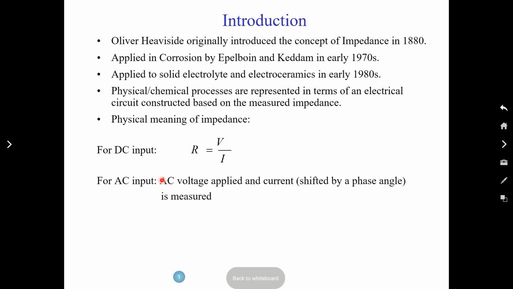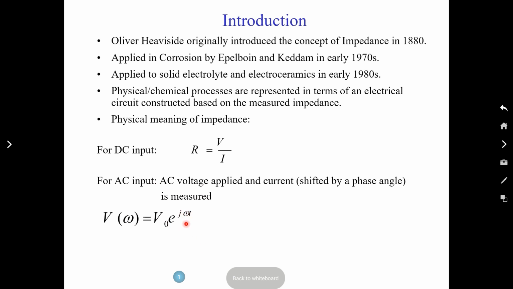So both your voltage will be time-dependent and frequency-dependent, and current will be time-dependent on frequency. And you take the ratio of the two. One of the usual types of voltage that you apply is so-called sinusoidal. It will have an amplitude and it will have a phase angle.